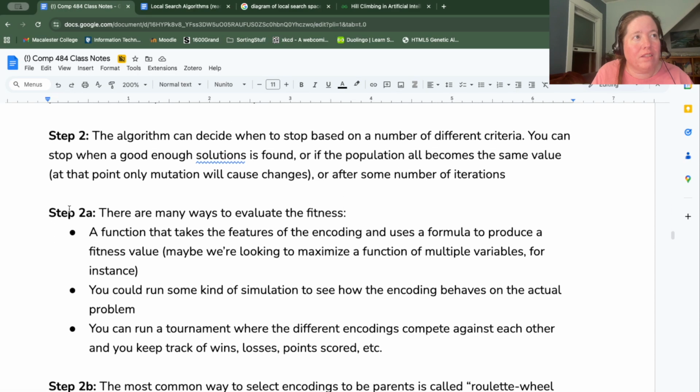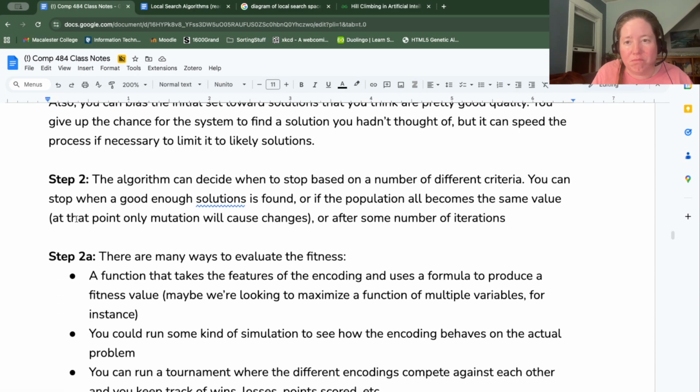Step 2 is the step in the algorithm that says repeat until done. You could decide on a number of different criteria for when you're going to stop the search. If you know what an optimal solution is, you can keep searching until you find it. You could also decide that if you exceed some threshold of quality, you'll just stop regardless, even if it's not optimal but it's above some reasonable threshold.